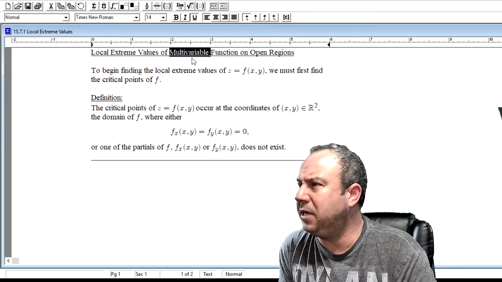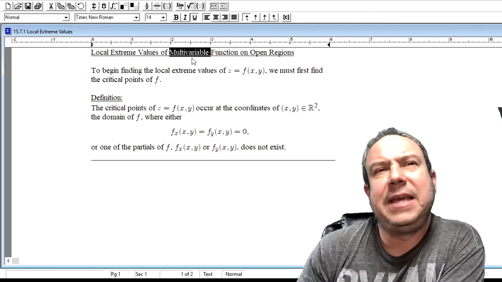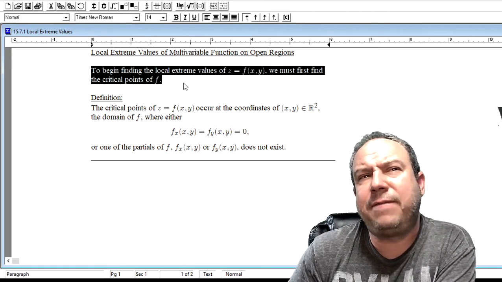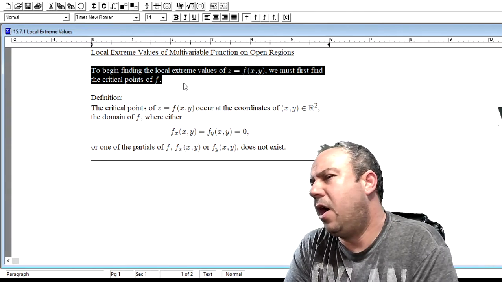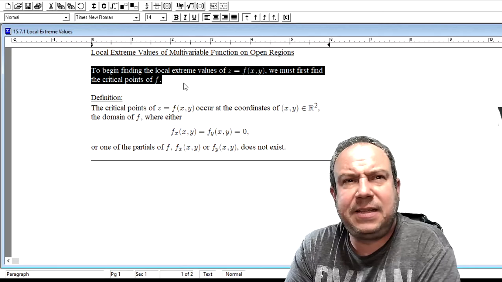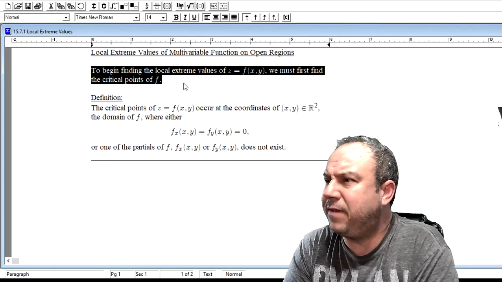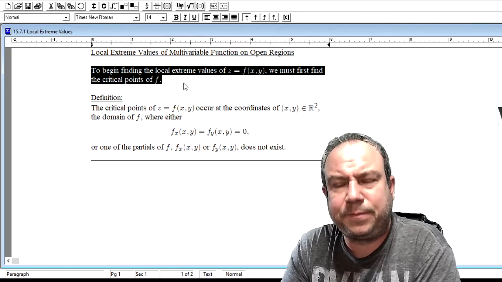But where it all begins for us, folks, is looking at finding critical points. Both of our techniques are going to require us to analyze a function for its critical values.